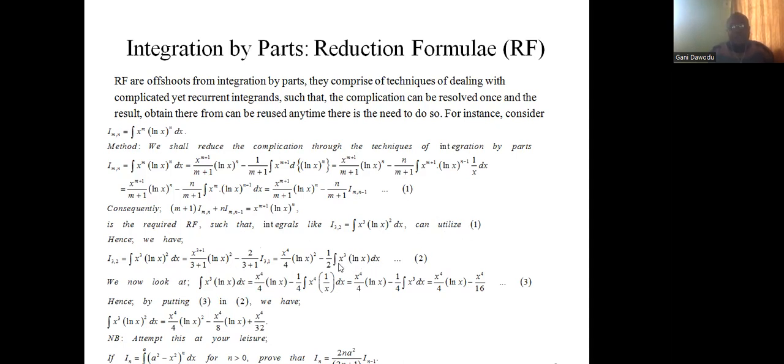You can now further look at this. It will be a mere replication, just repeating the exploit of equation 1. You will be having results, and at the end of the day, you generate the solution to this integral. Now, you have one here to look at at your leisure.